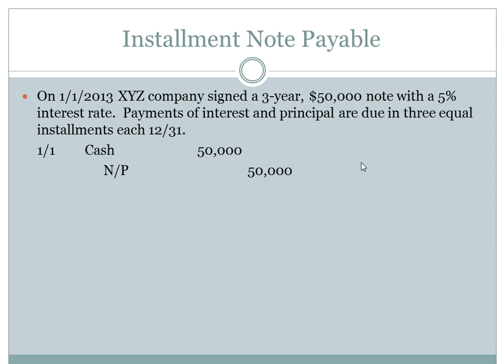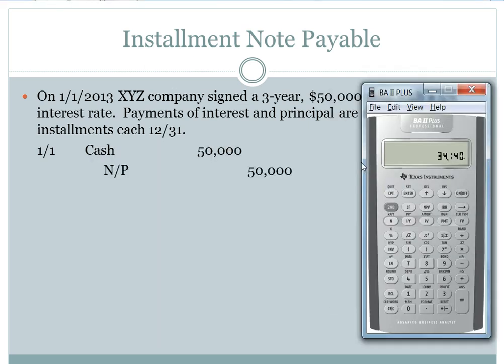Well, the first thing to do is to determine what our actual cash payment is going to be. That's not specified here. We need to figure that out. So I'm going to bring up my financial calculator again, and I'm going to make sure that my time value of money registry is cleared out. Second, clear TVM.